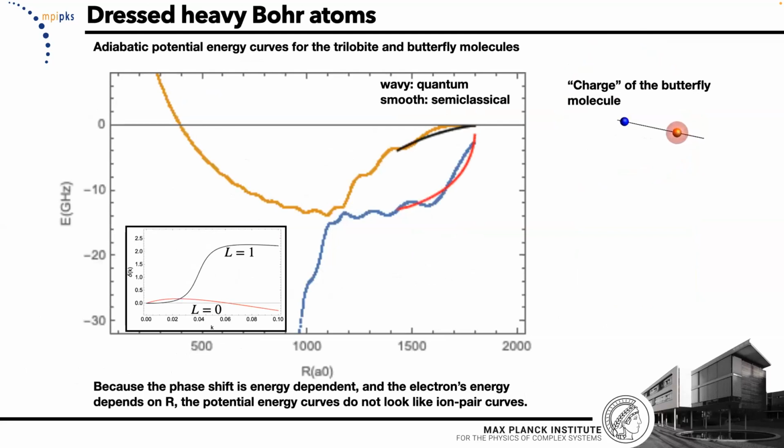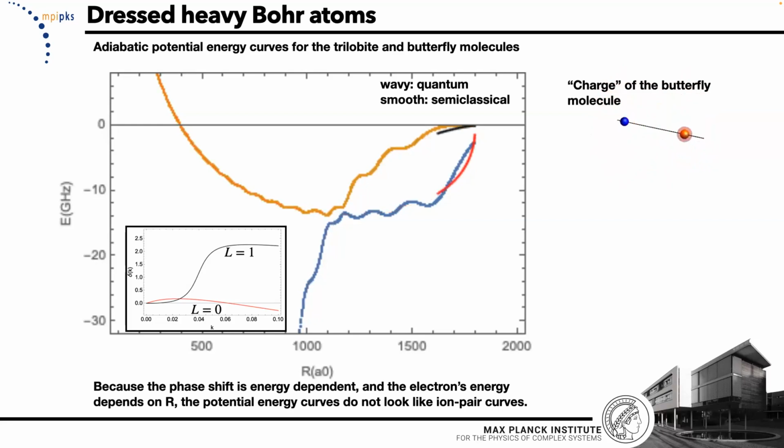And this gives us really a new way of interpreting these potential energy curves, because now we can really see how this charge on the molecule, or charge on this ground state atom, changes as a function of distance, and how this basically carves out these potential energy curves. Now, not surprisingly, because of all the things we threw away in this calculation, we get just semi-classical potential curves without these wiggles that are important for molecule formation. But it still fits the form and the strength of these potentials perfectly.